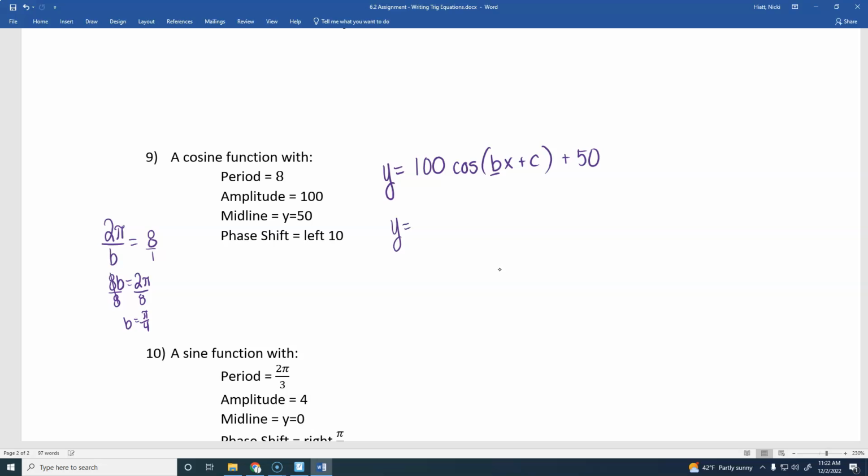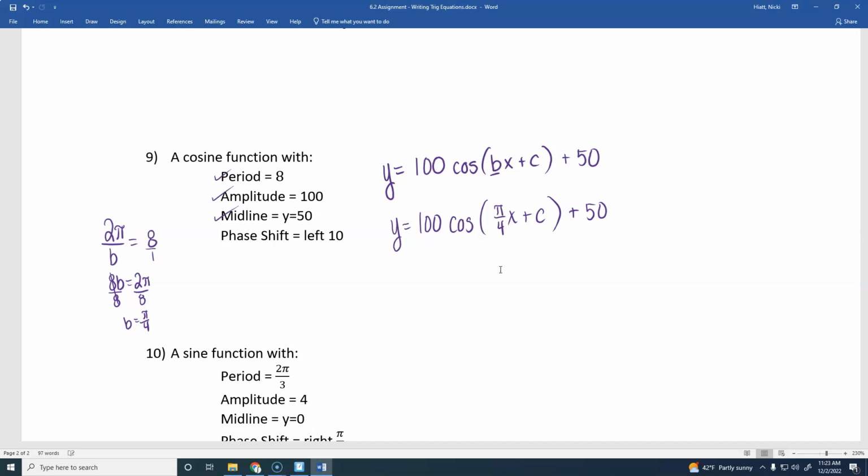So now we've got y equals 100 cosine of pi over 4 times x or theta, whichever variable you want to use here. That takes care of getting the period right.